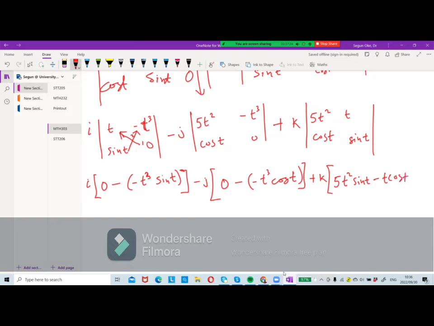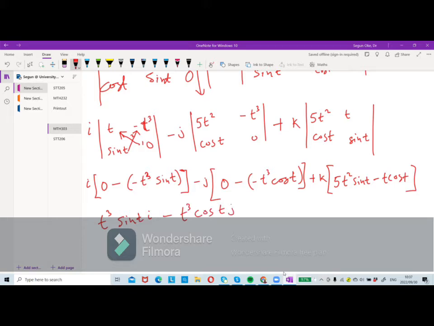So we can now begin to write it out. We have t cube, positive, negative times negative, positive, sine t i, minus, don't forget, negative times negative, positive is minus t cube cos t.